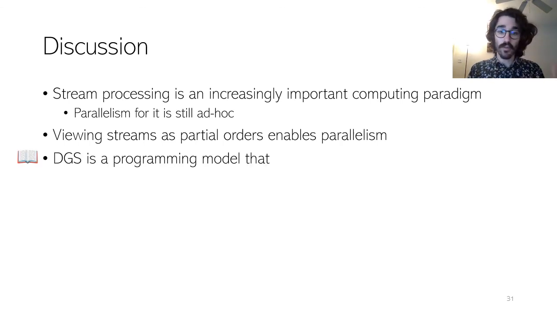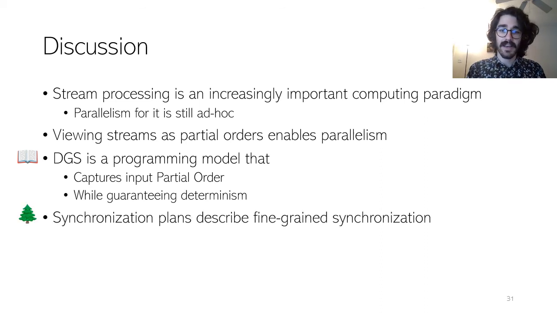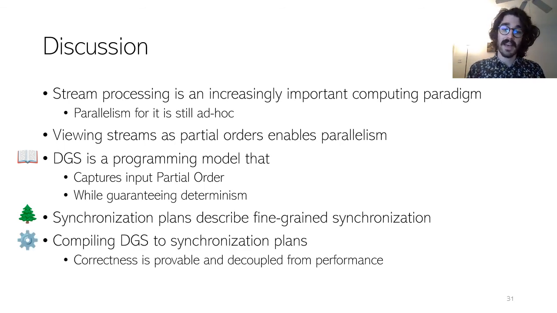And in our work, we propose DGS, a programming model that captures this input partial order while guaranteeing determinism and also being high level. We also propose synchronization plans that describe finer-grained synchronization. And we also propose a compiler that compiles DGS programs to synchronization plans, and its correctness is provable and decoupled from performance.